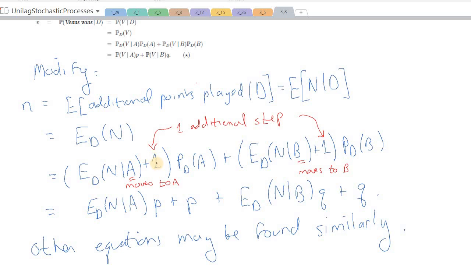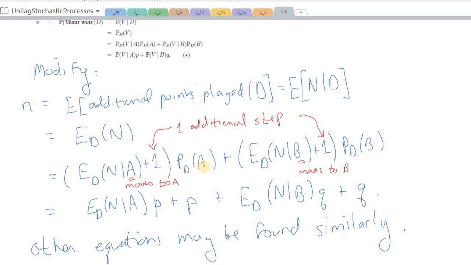Because if the game moves to A, that's 1 point played. So we've added 1 to the number of points played. Then this would be the number of additional points played after the game reaches A. So we have to take one point to reach A, and then we have a number of additional points played, and that will be the total number of points played until the game is finished.